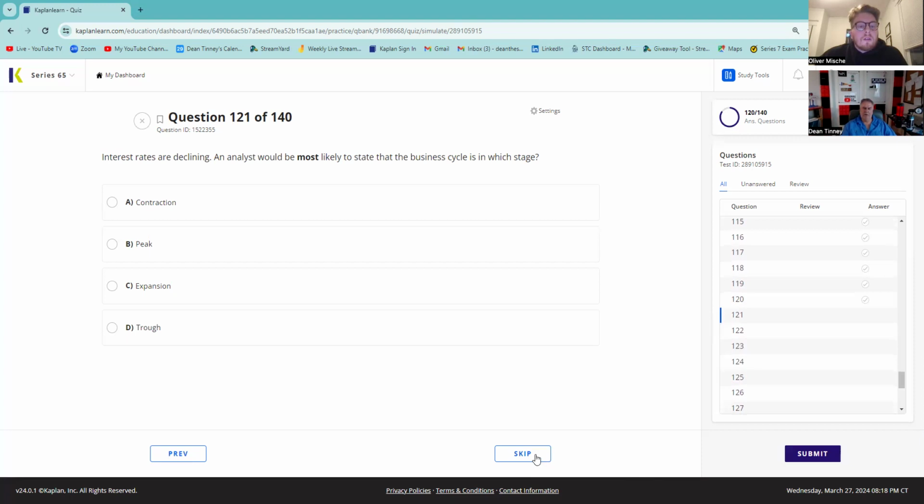An analyst would be most likely to state the business cycle is at which stage. So interest rates are declining. The Fed is lowering rates. So contraction. Right on.